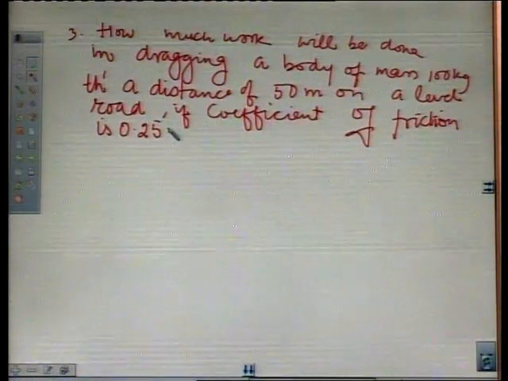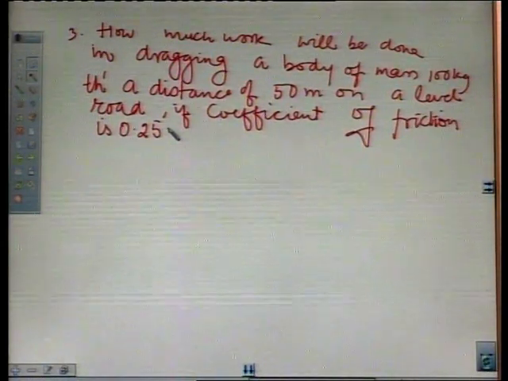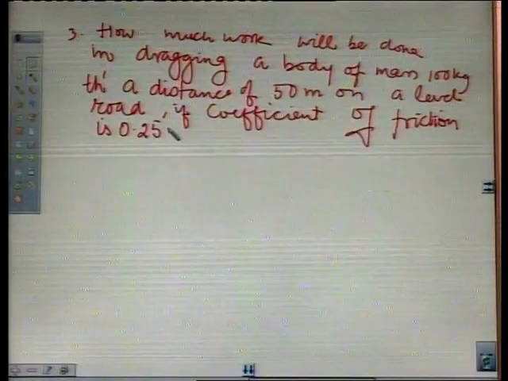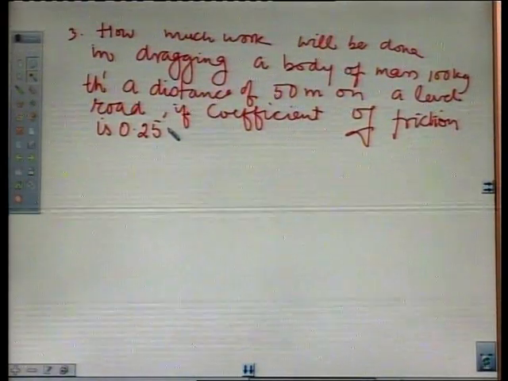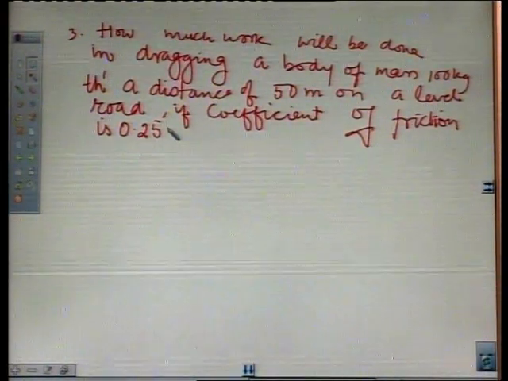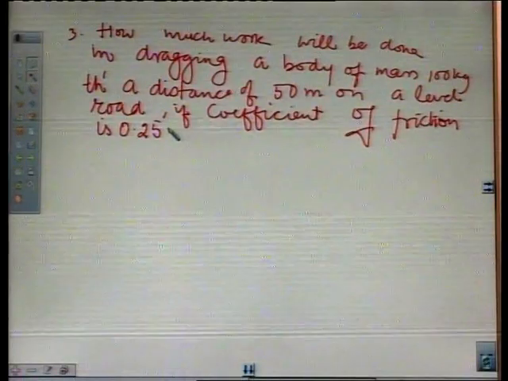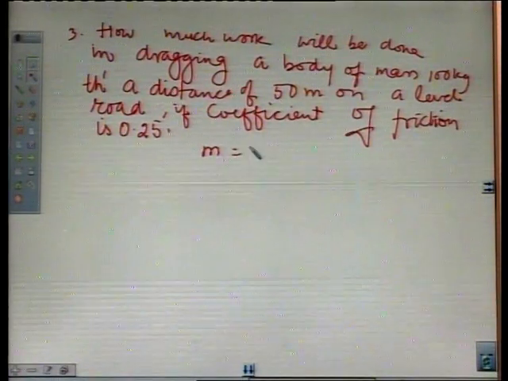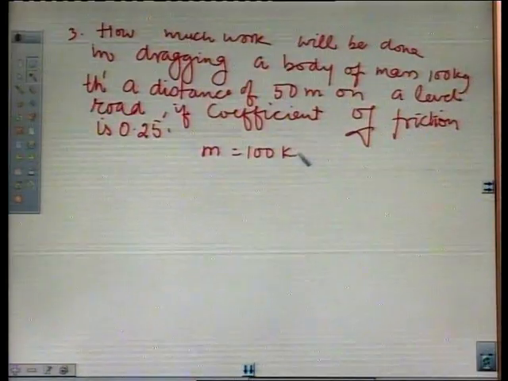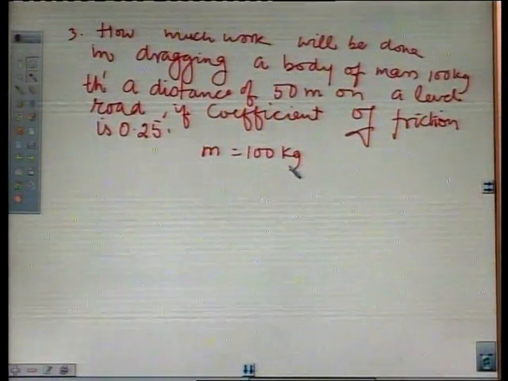Now, in this question we have to find out the work done to drag a body on a road which has friction. Mass of the body is 100 kg. So, first of all you should write down what is given to you.